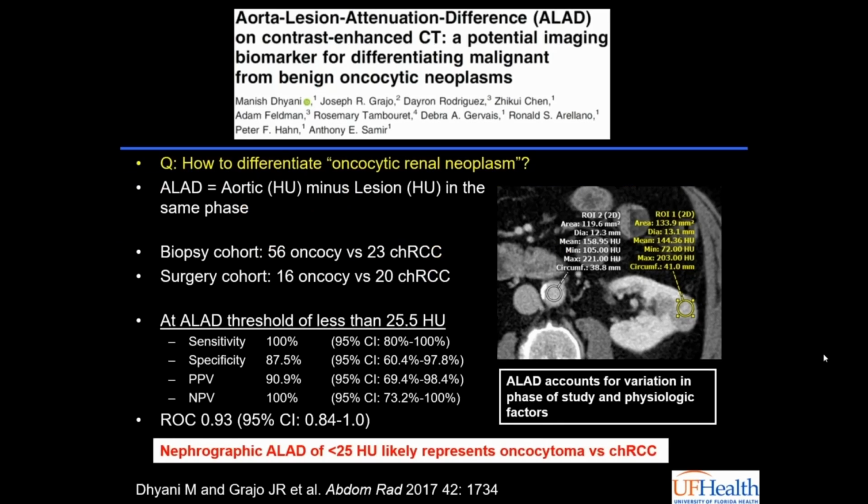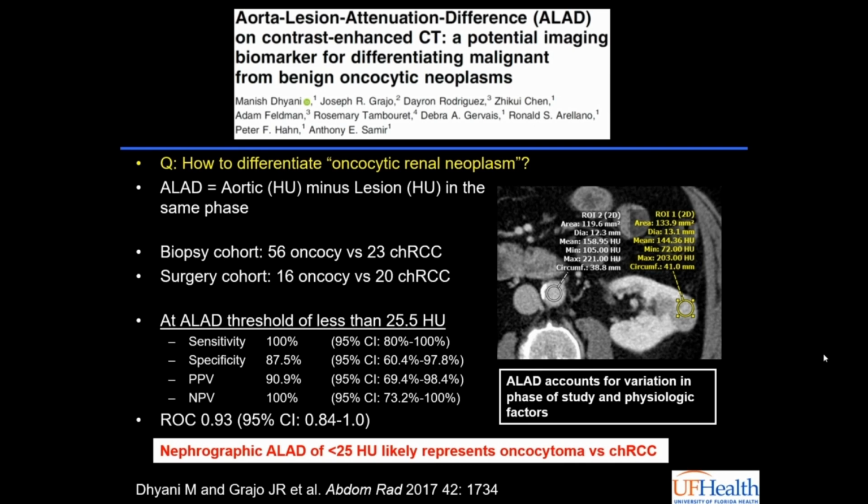So, cross-sectional imaging. This is some of the work that we became interested in at UF Health Shands Hospital here in Gainesville, Florida. And this is on the heels of some work done by Dr. Graho, the second author of this paper, called Aorta to Lesion Attenuation Difference. On a CT scan, the most common CT scans have multiple phases of imaging.